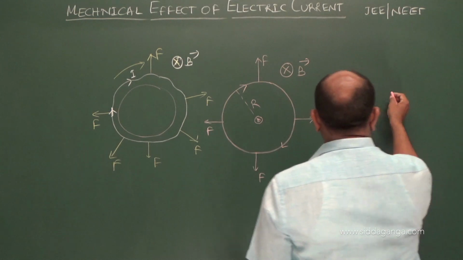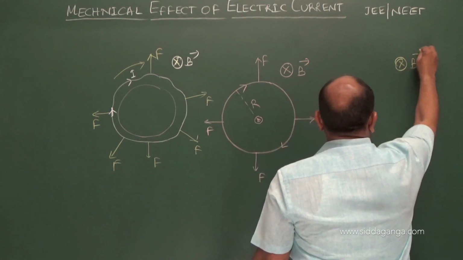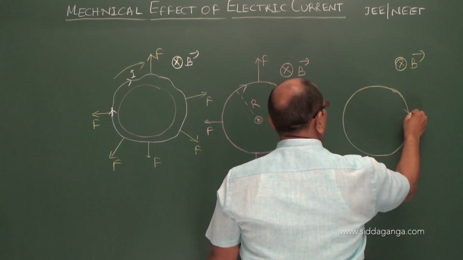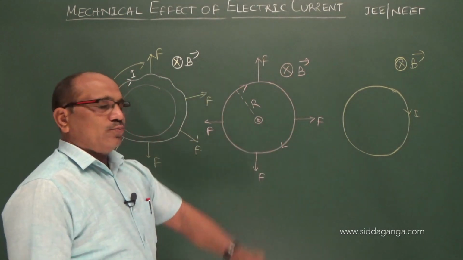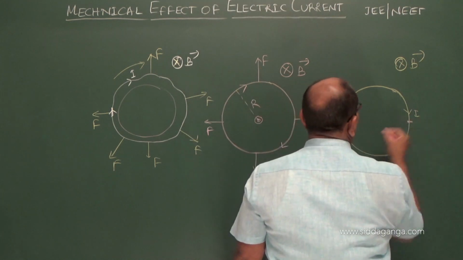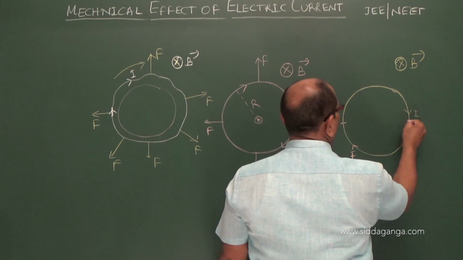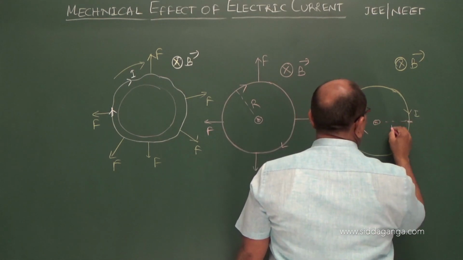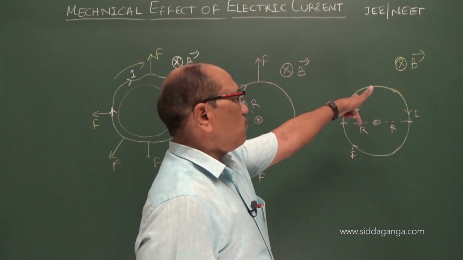Suppose you place a current carrying loop in a magnetic field. The net force on it is 0, because you can see 50% of the portion. Let the current flow here, with radius R here and also R here. Knowing the current direction, the force is upward.